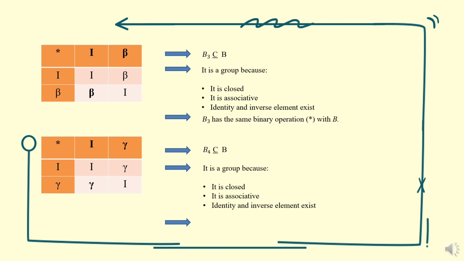Yes, because our Roman numerals 1 formed diagonally. That's why we can say that the inverse element of this table is itself. For example, the inverse of Roman numeral 1 is equal to 1, and the inverse of gamma is also gamma. So we can say that B4 has the same binary operation star with B, or table B.